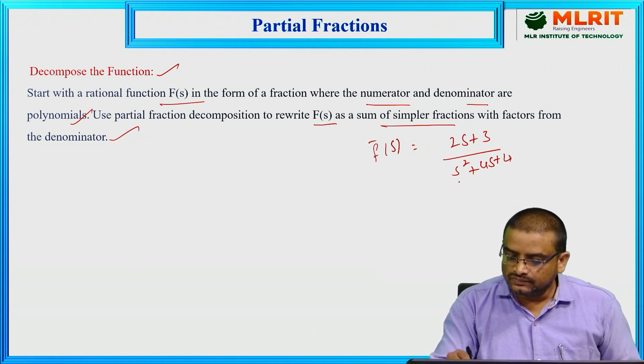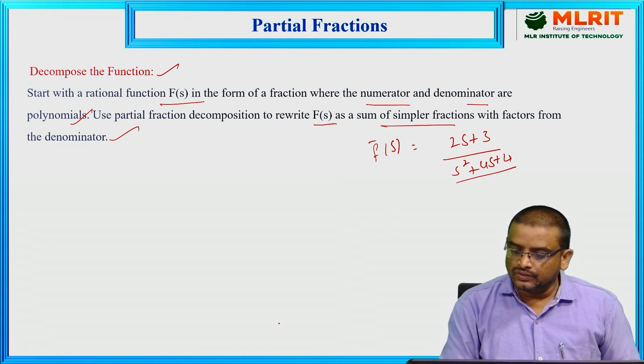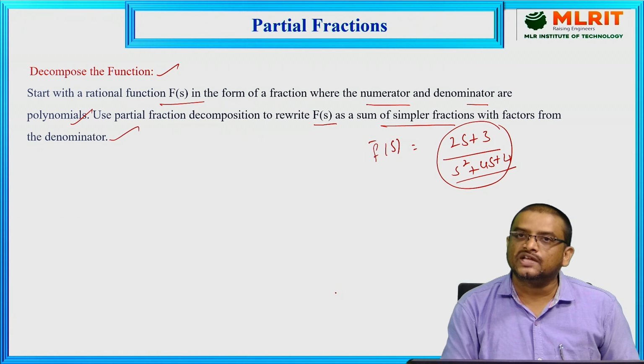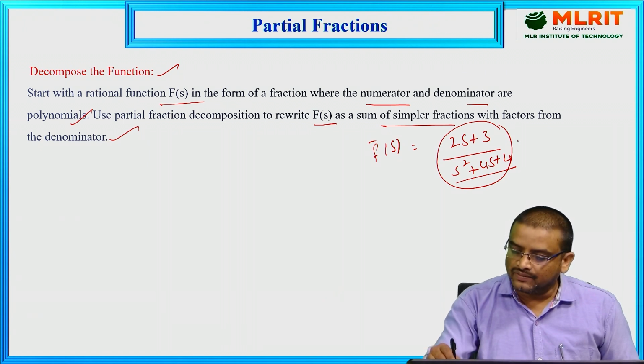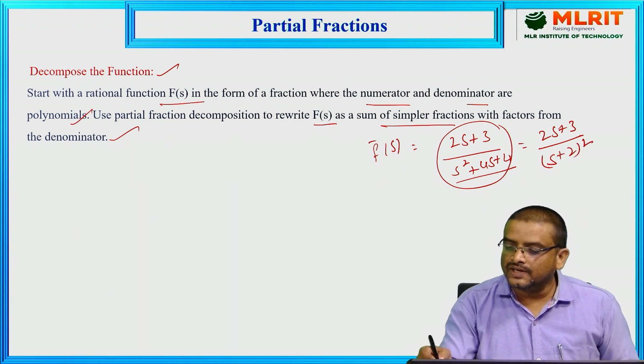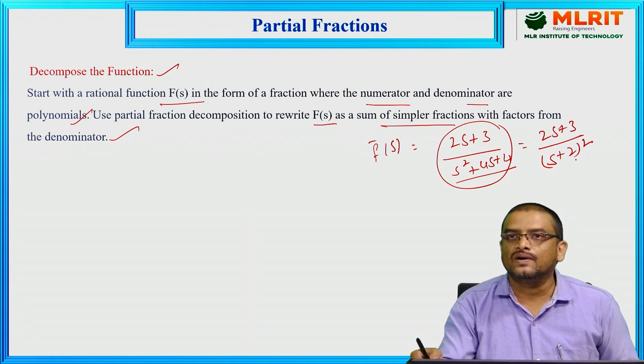Now, in order to find the inverse Laplace transform for this one, we can rewrite this function as 2s plus 3 by s plus 2 whole square. If we directly apply the inverse Laplace transform, we don't have any formula here.